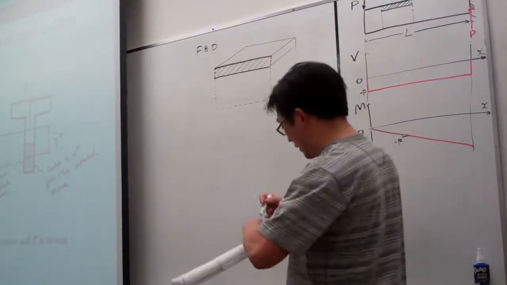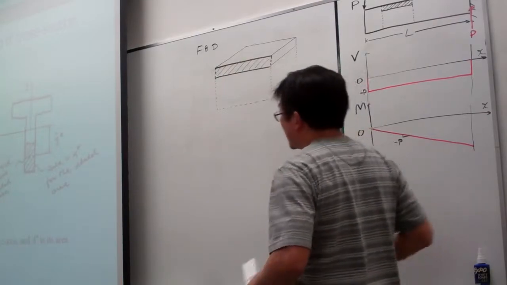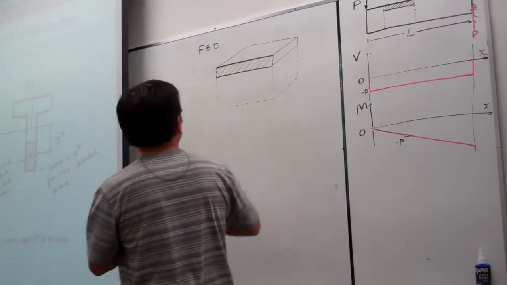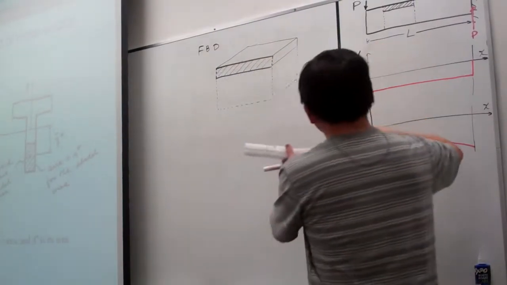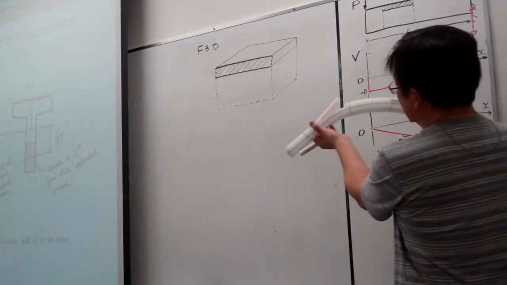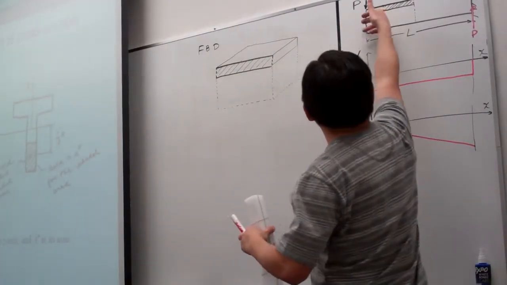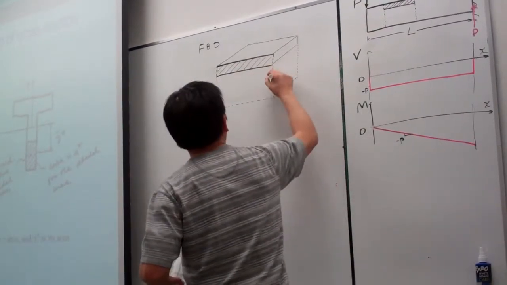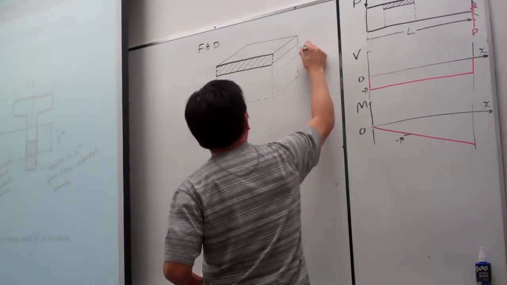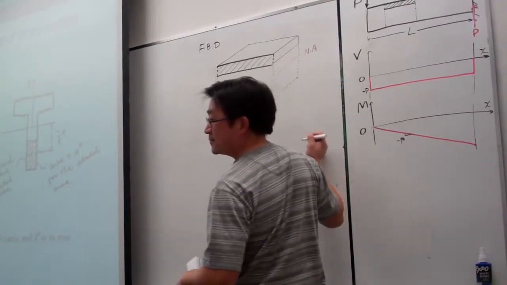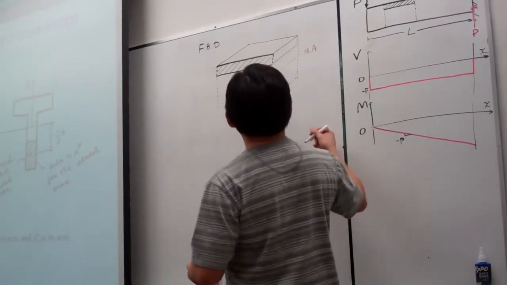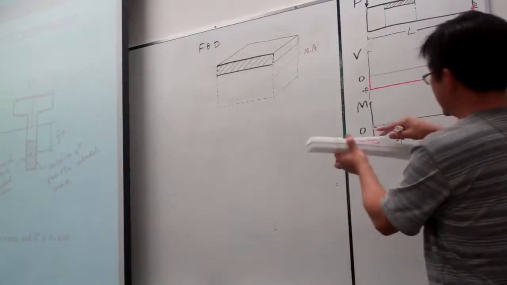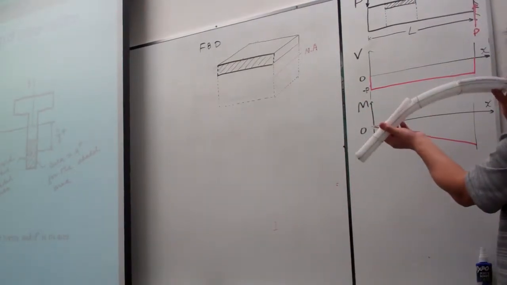Okay, now what I want is, again, to apply the same rule. On this side, for this example, the bending is like this. So the top portion is in, this is our neutral axis, right? And for this case, the bending is bent over like this.